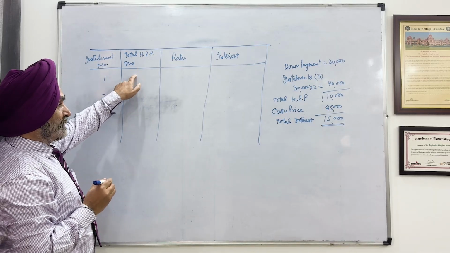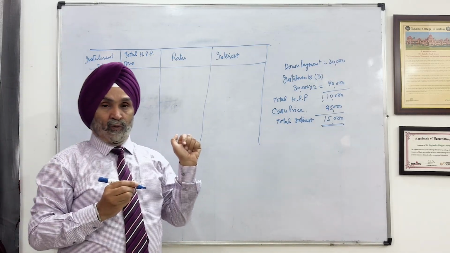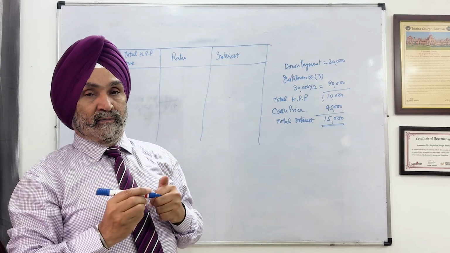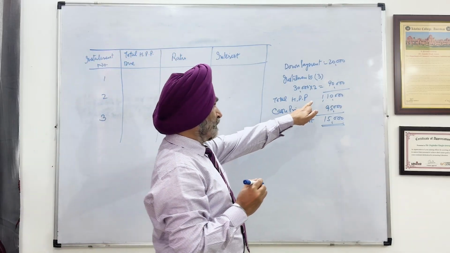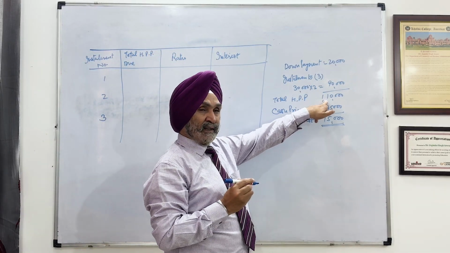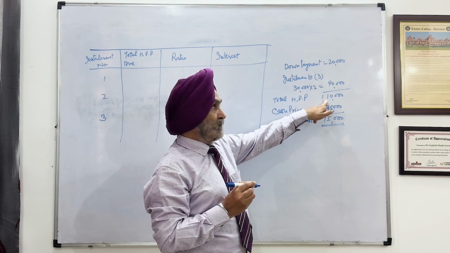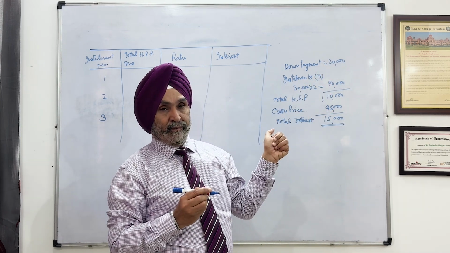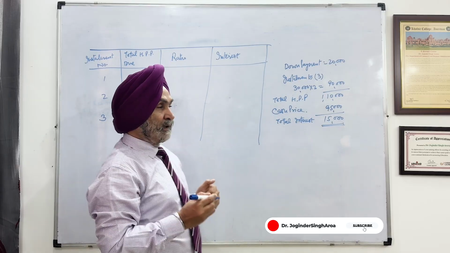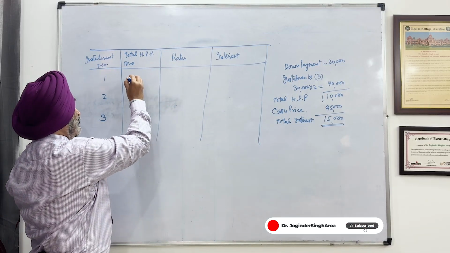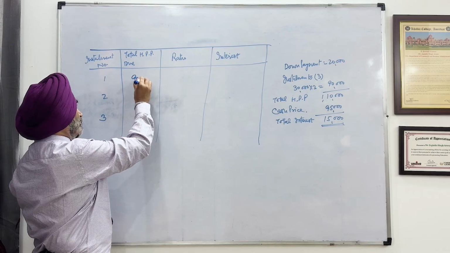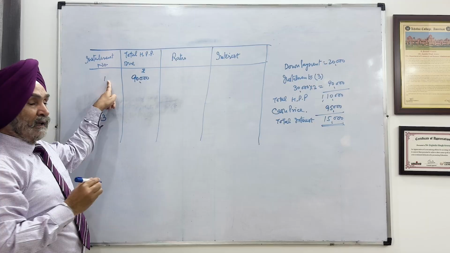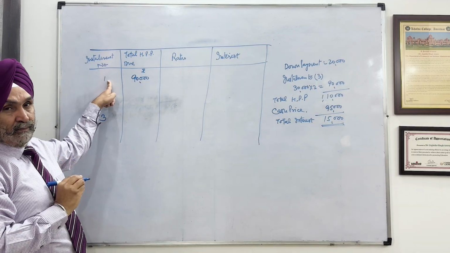Total hire purchase price due before the payment of installment. The total hire purchase price was 1,10,000, of which 20,000 was paid immediately. That means the remaining hire purchase price due is 90,000 before the payment of the first installment.